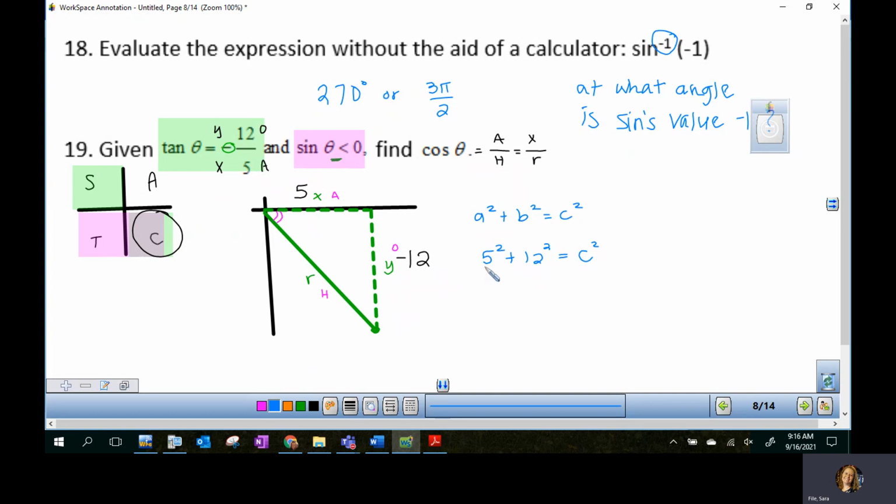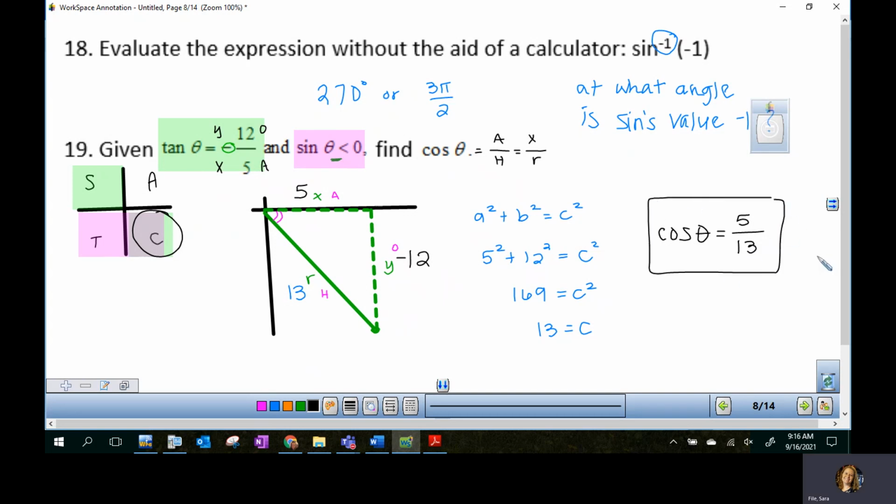So we've got 25 plus 144 is 169. The square root of 169 is 13. The side is 13. So now I can answer the question: cosine is 5 over 13.